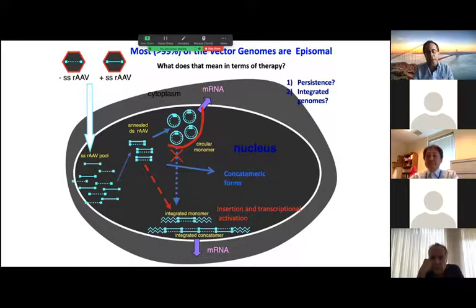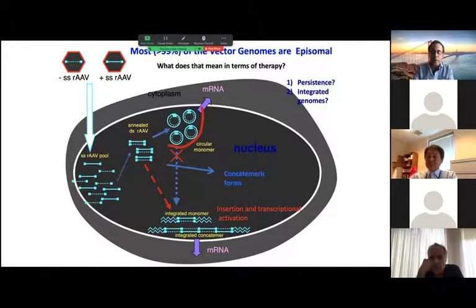The majority of them, again, are episomal, and this is important, as you'll see later, because the AAVs, by and large, don't integrate. Some of them become monomeric circles, and some become concatemers. And again, these are responsible for the transgene expression.